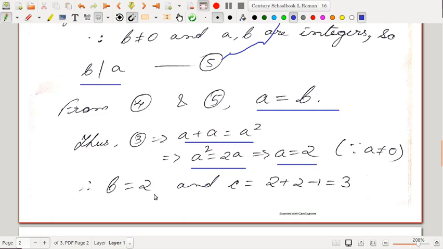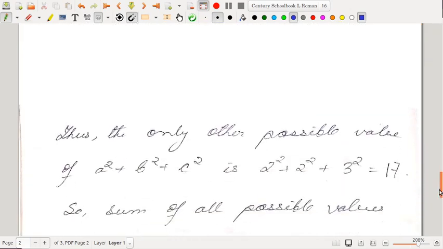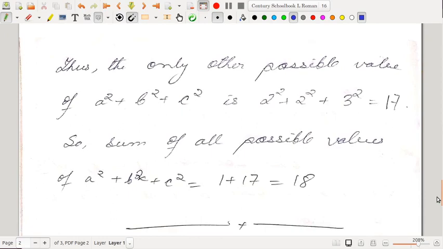Therefore b equal to 2, and the value of c is 2 plus 2 minus 1, that is 3. So the only other possible value of a square plus b square plus c square is 2 square plus 2 square plus 3 square, which is 17.